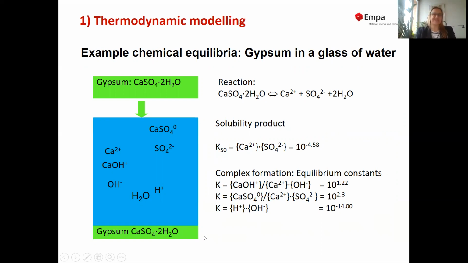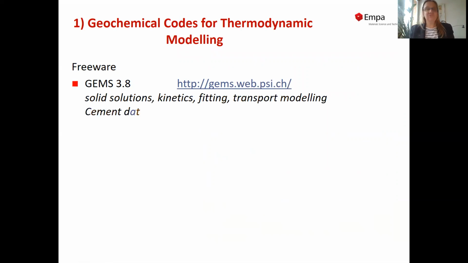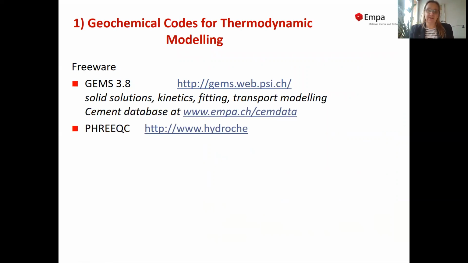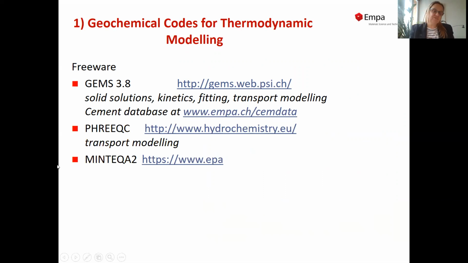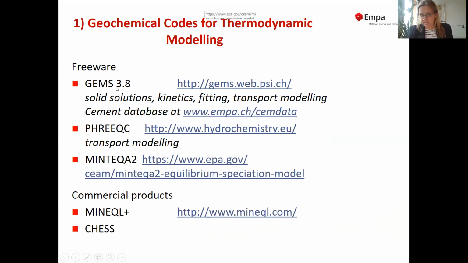If we would go to a cement system, then the number of equations will increase very much, and it easily can be 100 equations we would need to solve. So normally we don't do that in an Excel sheet, but we use dedicated thermodynamic codes. One of them is the GEMS code, the Gibbs free energy minimization code I normally use.